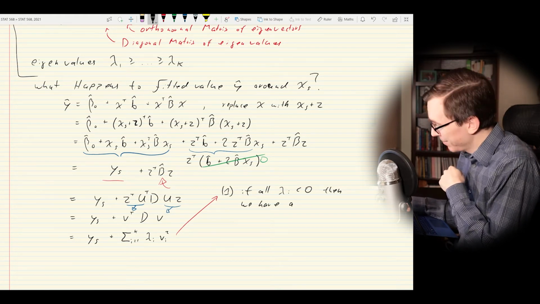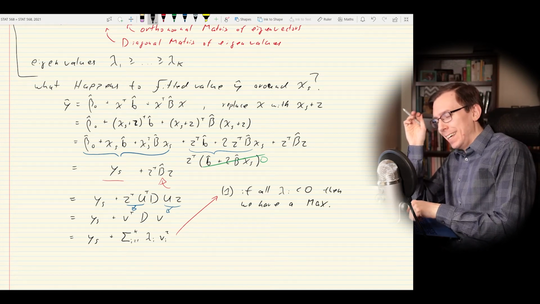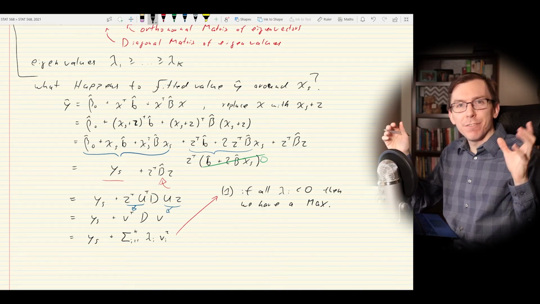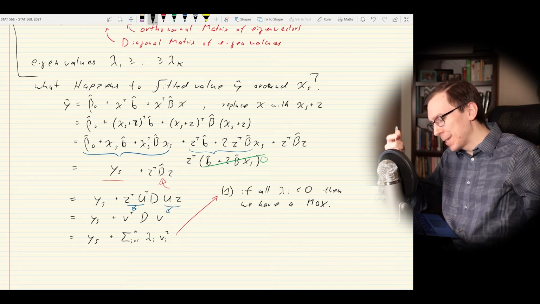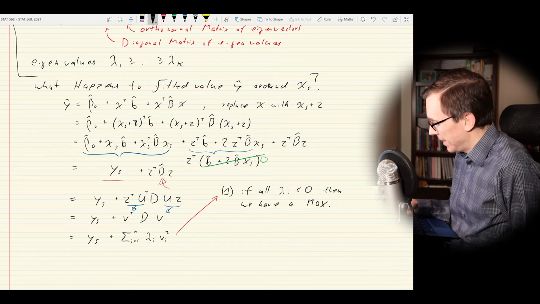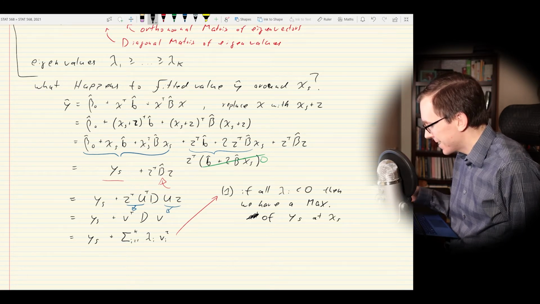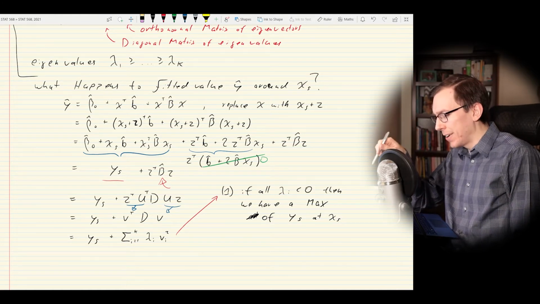A maximum. Why is it a maximum? It's a maximum because if all of these lambdas are negative, then if I change any of these v's from 0 to anything that's not 0, I'm going to be subtracting something from y s. I should say a maximum of y s at x s. So x s is the location, y s is the maximum value in this setting.